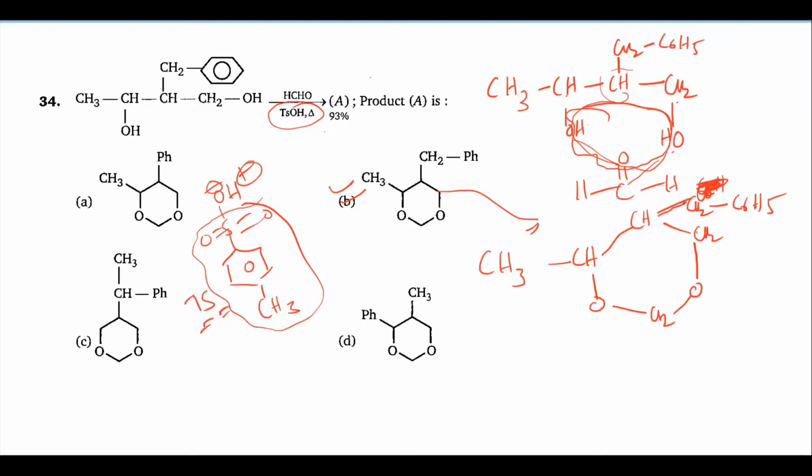CH, CH2, C6H5, this is C, C, C, so O is there. It is just addition followed by elimination, because of this a cyclic ring is going to form. So this is question number 34.